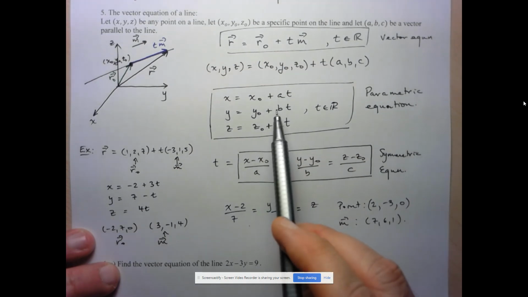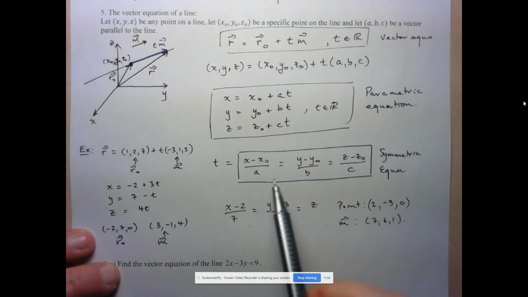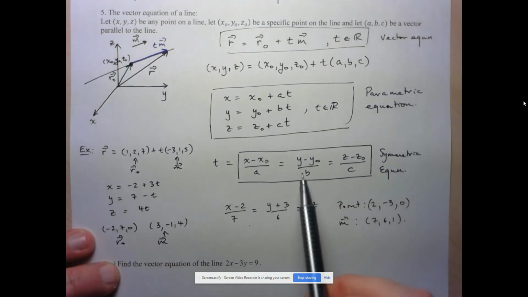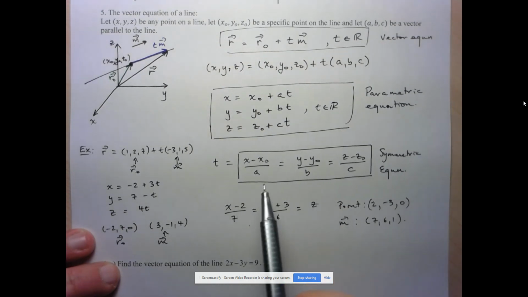But you shouldn't have to go from here to there. You should be able to identify just by looking at it that these numbers represent the components of the point, and these values represent the components of the direction vector. So values in the numerator, point; values in the denominator, direction vector. Okay, that's it for this one.